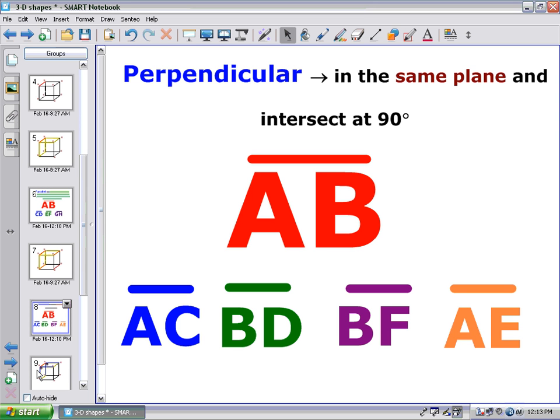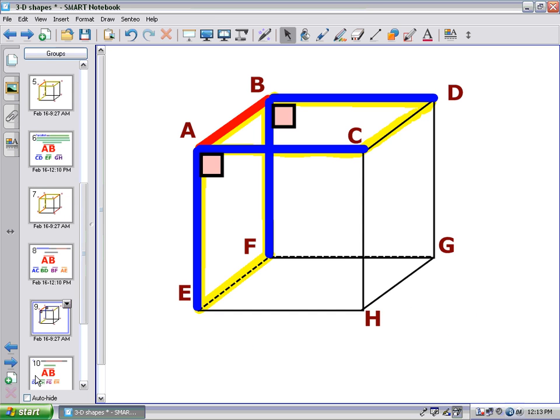Now, perpendicular. Remember, they have to be in the same plane and they have to intersect at 90 degrees. Again, we are going to take a look at line segment AB. And the line segments that are perpendicular to AB are AC, BD, BF, and AE. They make gigantic L's, pluses, crosses, okay, to make these 90 degrees.